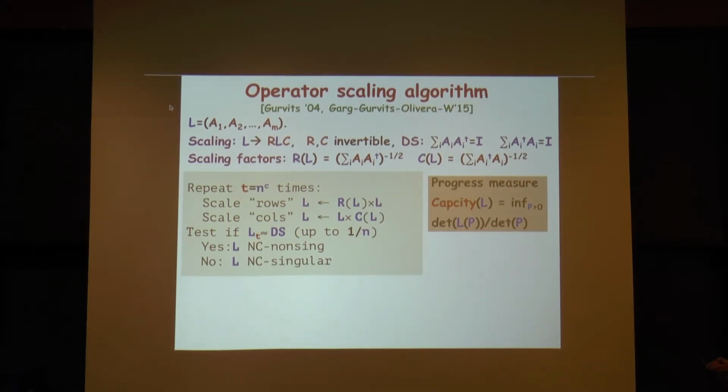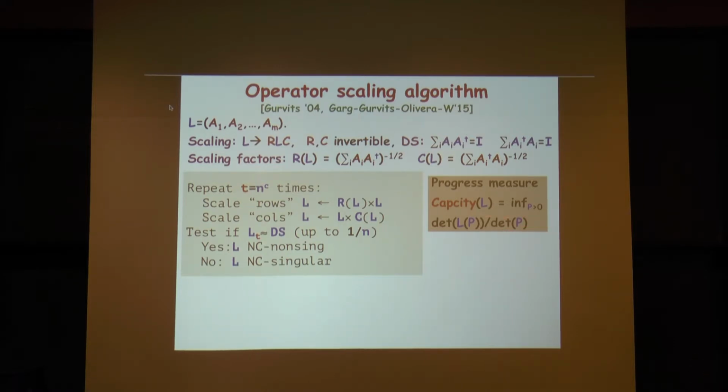So what is this capacity? It's a really interesting function. First of all, it's interesting because it's not a convex function, and because we will be able to compute it efficiently. Again, you look at the relationship between the output of this operator and the input of the operator, but now you compare their determinants. You remember these are positive matrices that you feed in, so these are positive numbers.